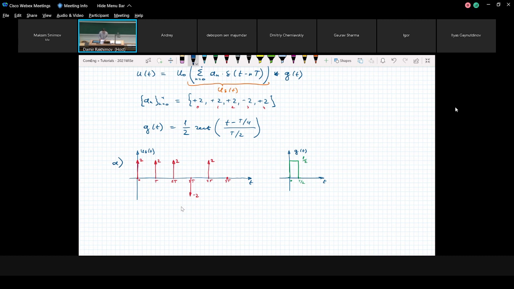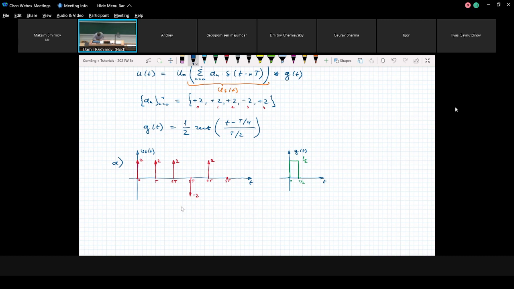Finally, we need to plot the signal u of t. u of t is the convolution between our sequence of delta pulses and the pulse shape. You remember that convolution with a delta pulse is the easiest possible convolution, because you just take your function and place it instead of each delta pulse.